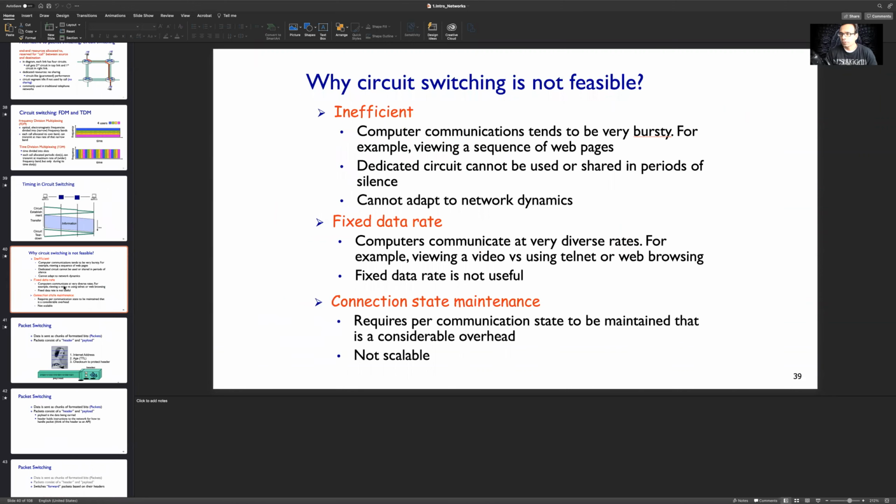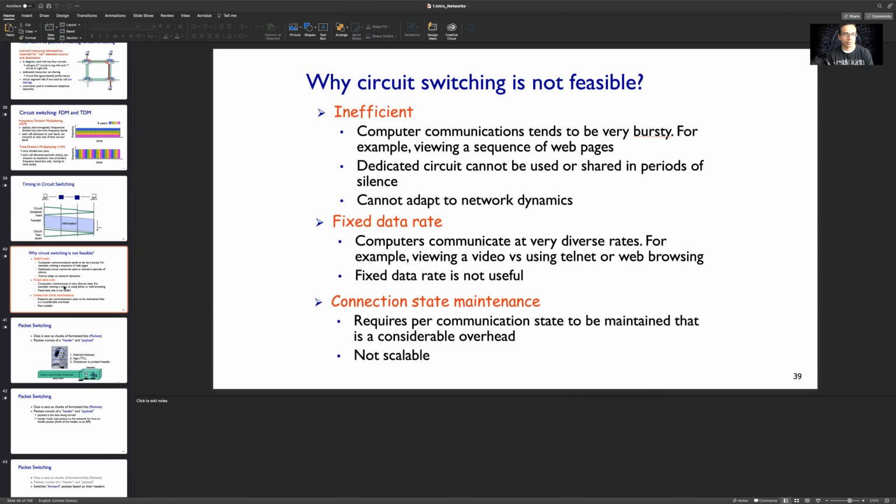And we looked at some of these issues like inefficiencies, the difficulty in actually reserving a rate, because the various applications we use may not necessarily always transmit data at a fixed rate. And most importantly, the overhead that would be associated with the routers, because if all the packet switches in the network have to maintain all these circuits, it's going to take them a lot of effort.